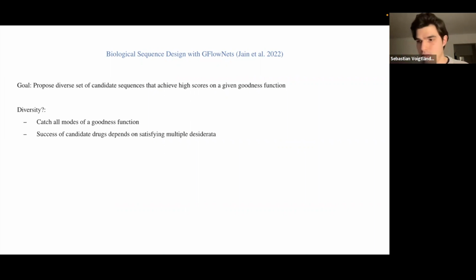For instance, high fluorescence intensity. That was one of the examples in the paper. And the diversity can be achieved by using GFlowNets because they are able to learn more of the modes and also do that quicker than other techniques that are also discussed in the paper and that are direct competitors.